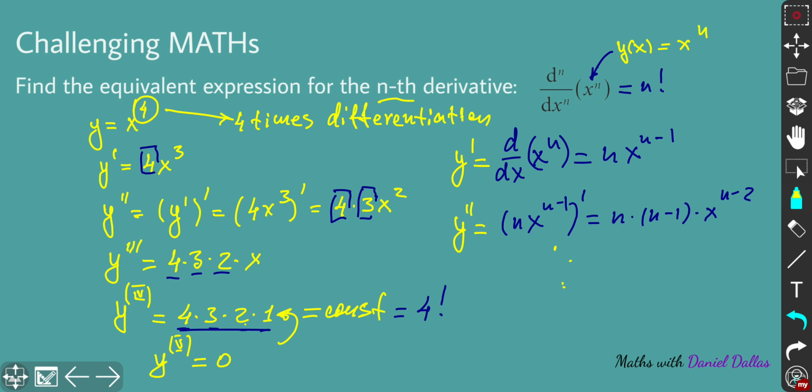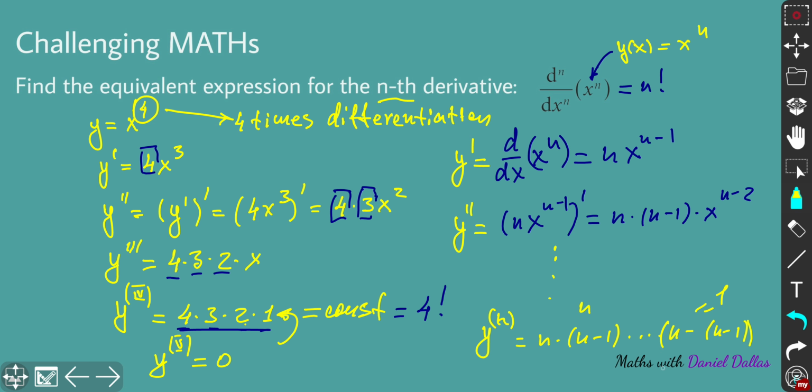So just continue this process up to step n, using the nth derivative. We'll get obviously n times n minus 1 times, and so on, and the final step is going to be n minus n minus 1, which is simply 1.